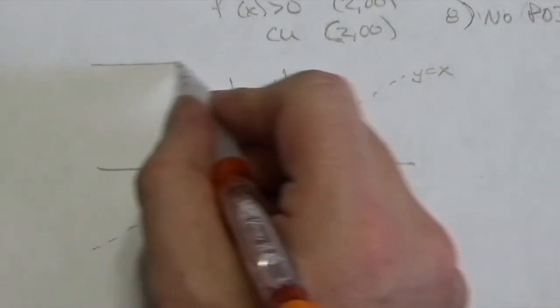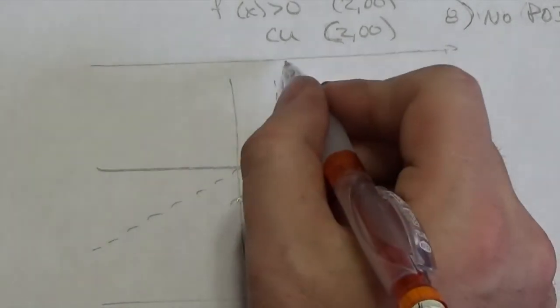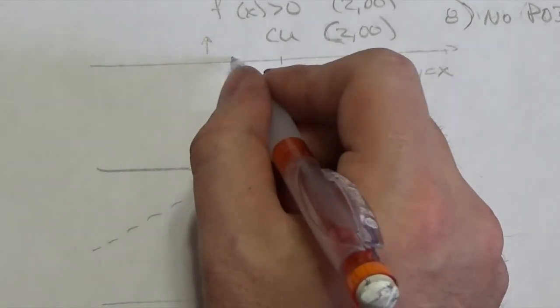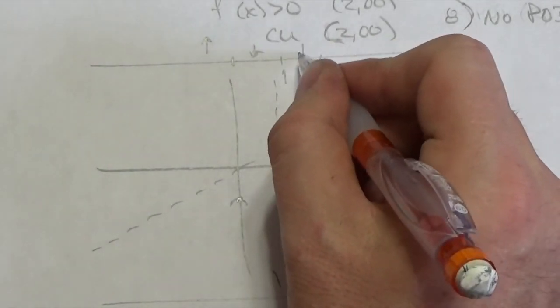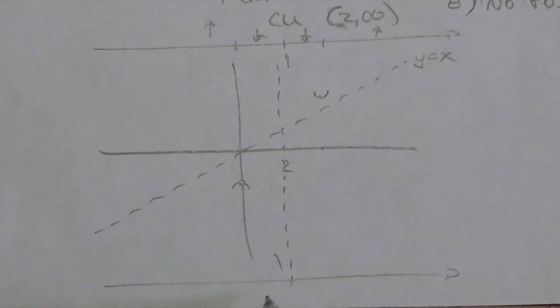And so I can also look at my derivatives. I know that it was increasing here, increasing here, decreasing here, and then decreasing and increasing. I know that it was concave down, and the only change in concavity was at 2, so it's concave down here, concave up here. So here's what's going on.